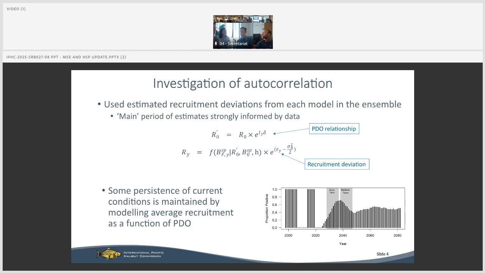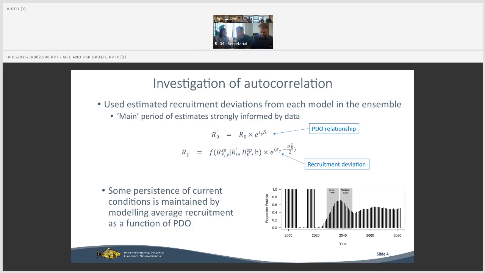And what we're going to look at is the autocorrelation and the actual deviations. I point out this PDO relationship because, in a sense, modeling with the PDO relationship is already bringing in at least some autocorrelation in the average recruitment.